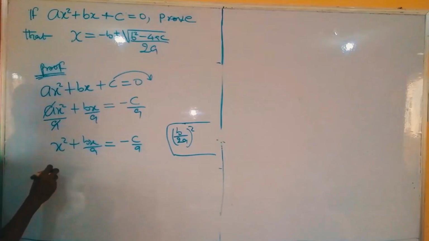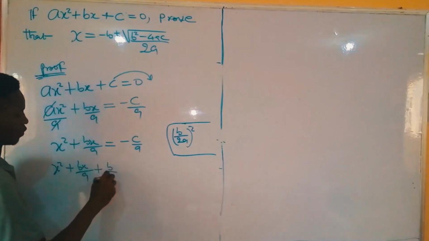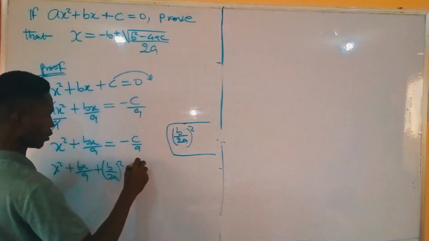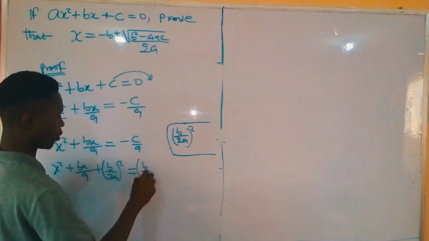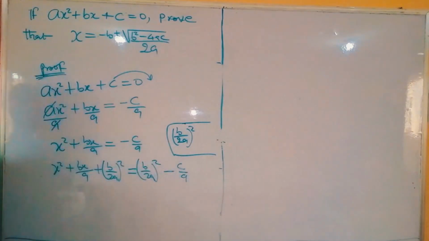So it's going to be x squared plus bx over a plus b over 2a all squared equals b over 2a all squared minus c over a. At this point, we expand the brackets.